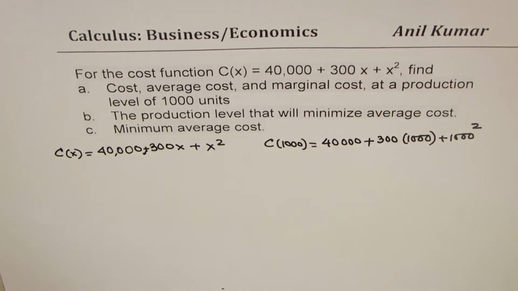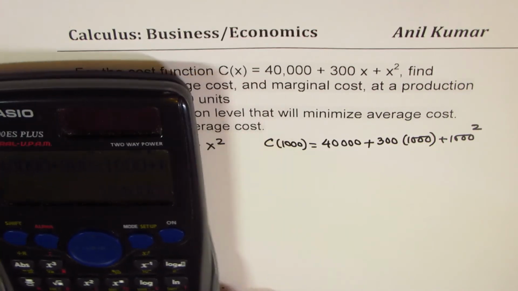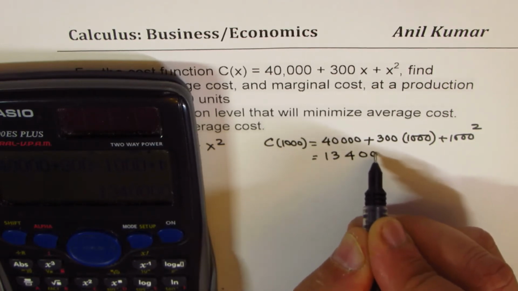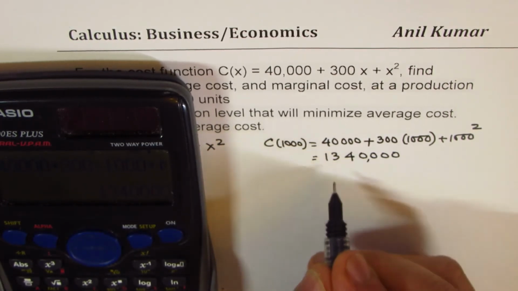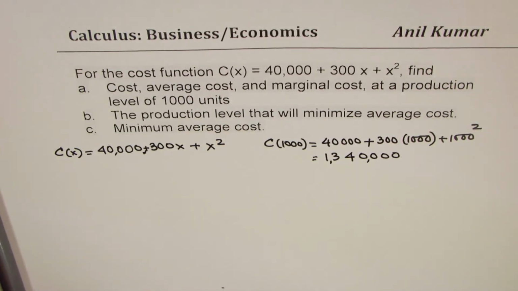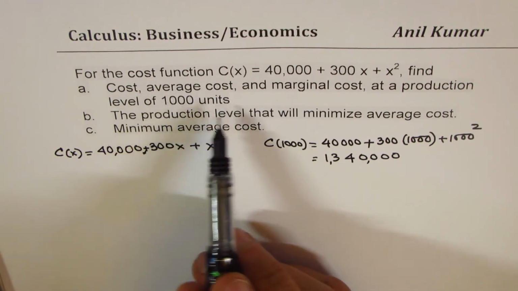That becomes the answer for producing 1000 units, which is equal to 1,340,000. Use dollars if you're in North America, or any currency you want to use. So that becomes the cost for producing 1000 units.